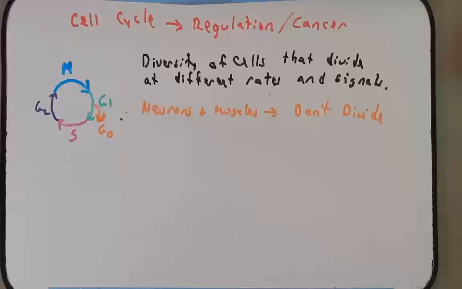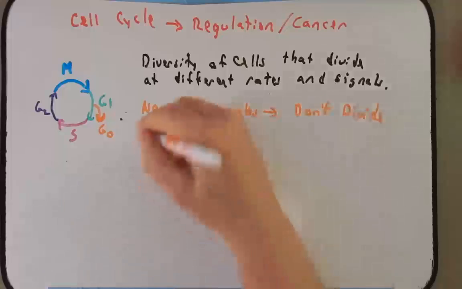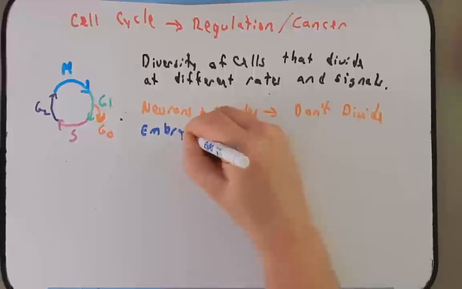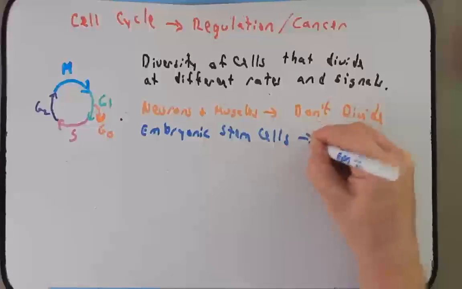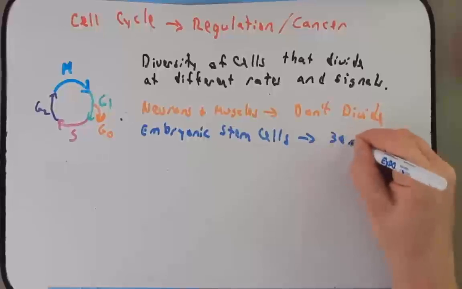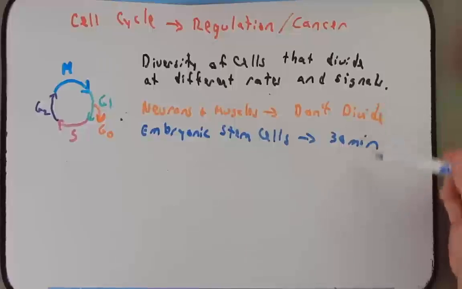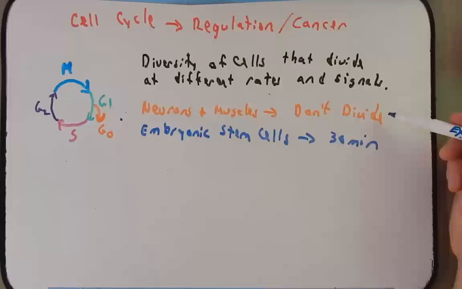So they don't divide. What tells these cells not to divide? Then we also have cells like embryonic stem cells, which divide on average about every 30 minutes. So two wide ranges here: don't divide, and divide pretty rapidly, every 30 minutes. So we have these two extremes within an animal.